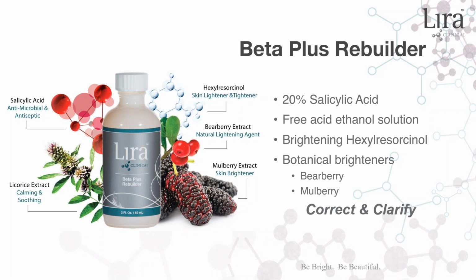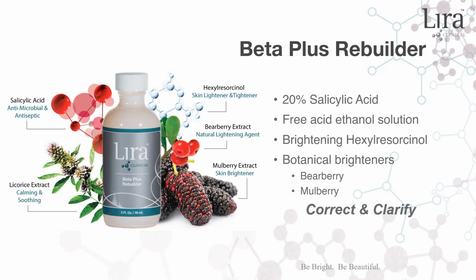So this is where our Beta Plus works very, very nicely if you do have those aging clients, those pigmented clients that have that surface that you just really need to soften it up and get access to those lower layers. This is where that Beta Plus works beautifully. We've once again combined our brighteners with very potent anti-inflammatory benefits with bearberry and mulberry.